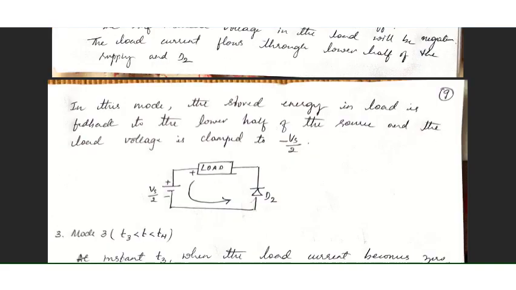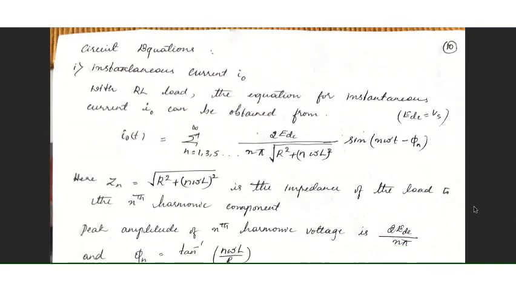Coming to the circuit equations, the equation is almost similar to the R load. The only difference is the impedance part, because the load is inductive and there is an L component included. So the impedance will be varying.